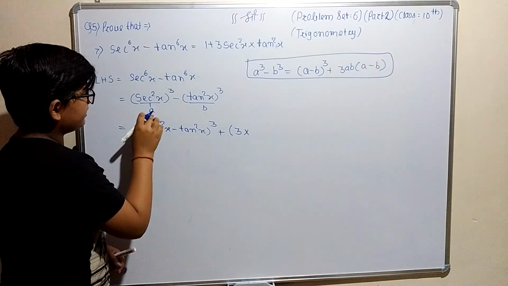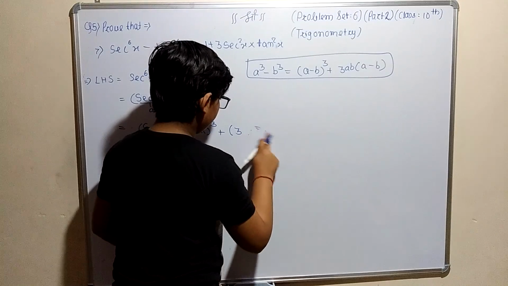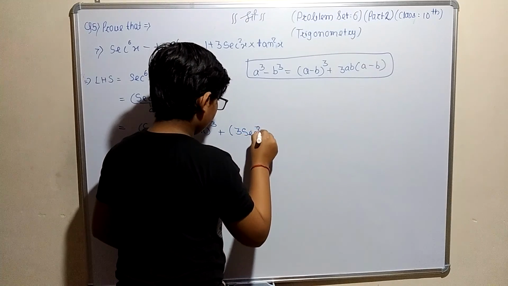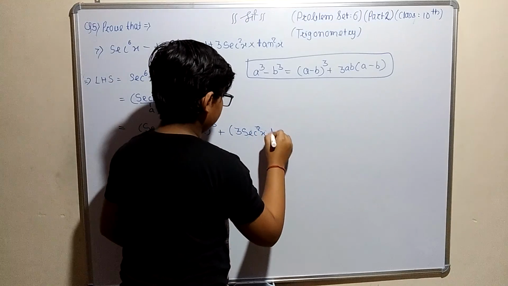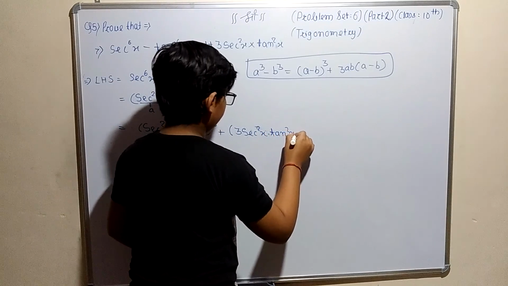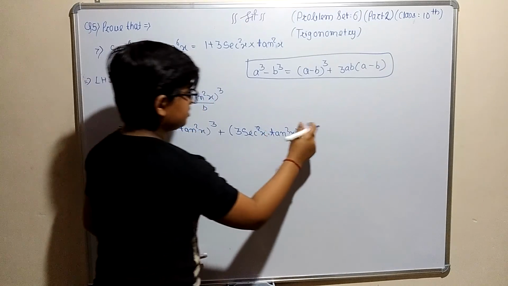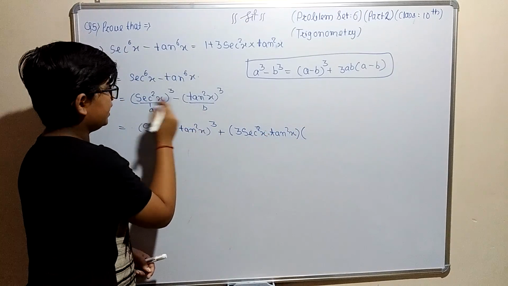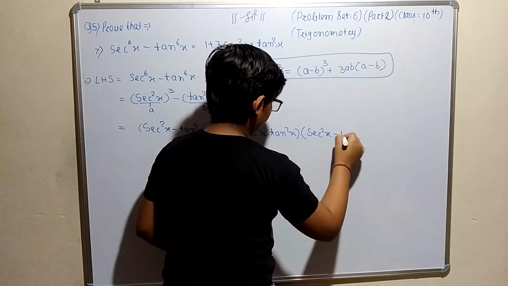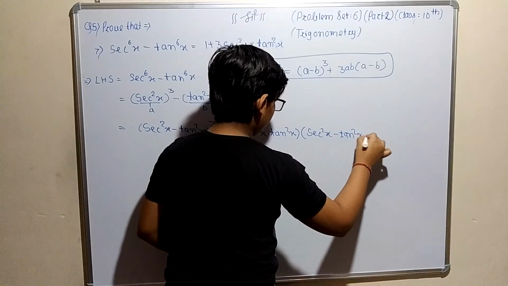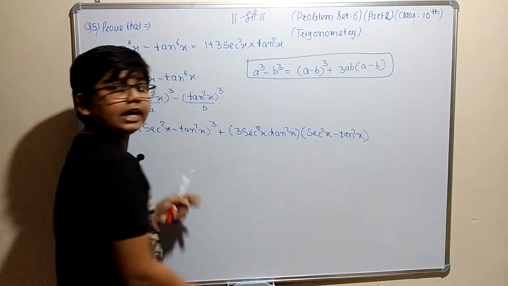What is a? Sec squared x, into b, that is tan squared x. Tan squared x times (a minus b), (sec squared x minus tan squared x). Now we will get this whole long expression.